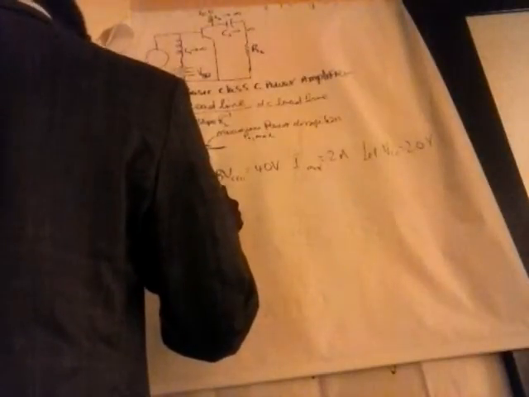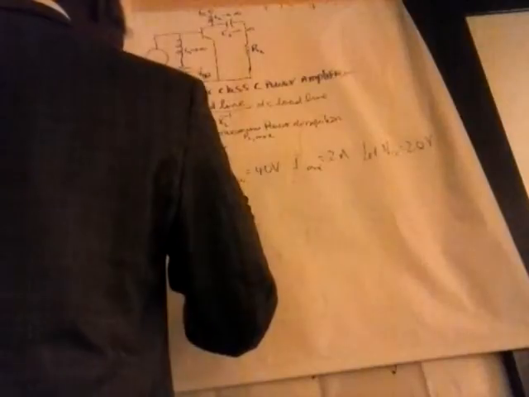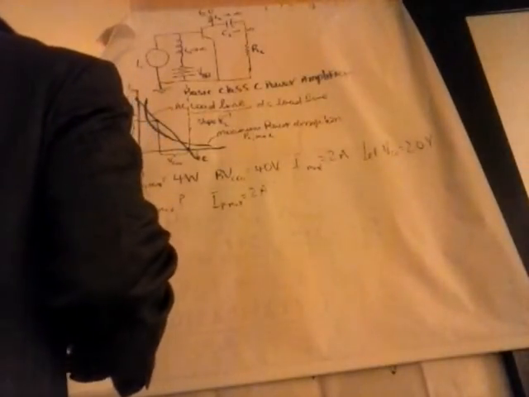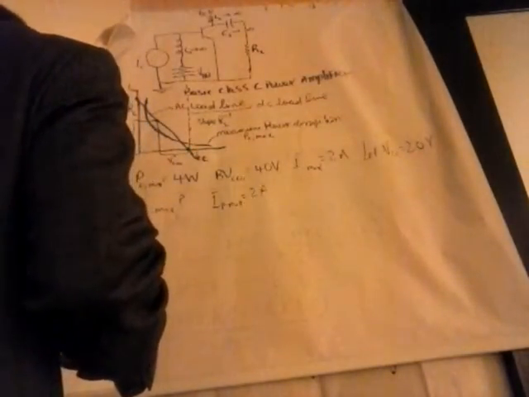So it must be less than IC max equal to 2 amps. Also, what is the peak current possible if one designs an amplifier that does not exceed the maximum average power constraint at any instant of time?